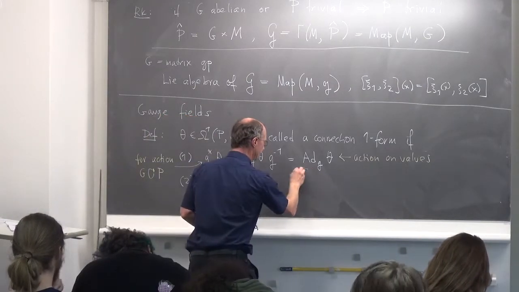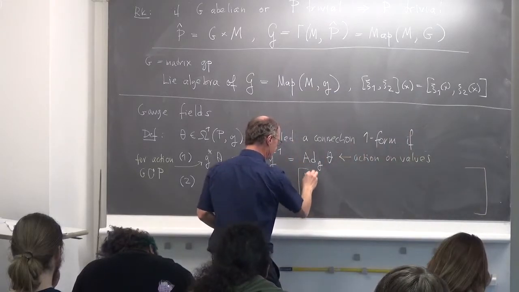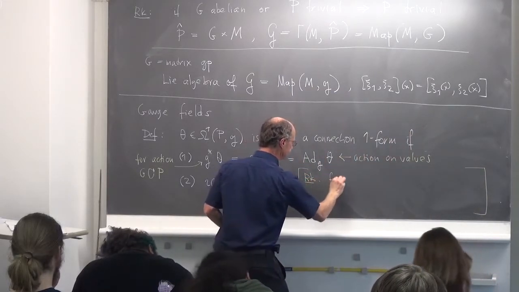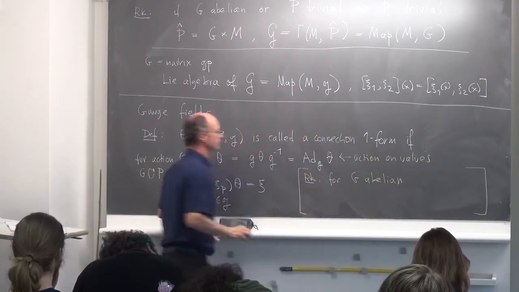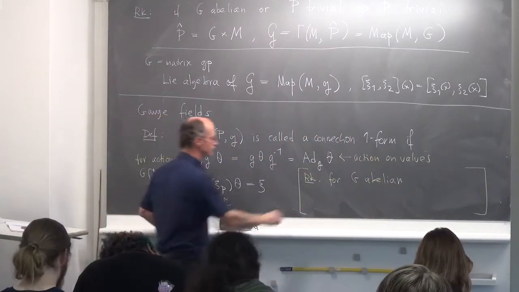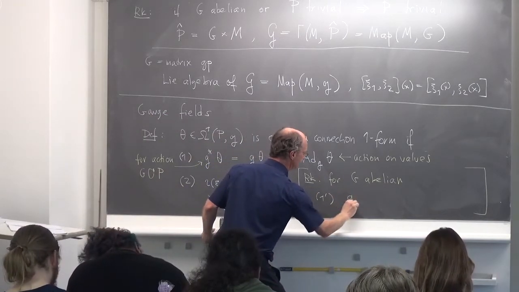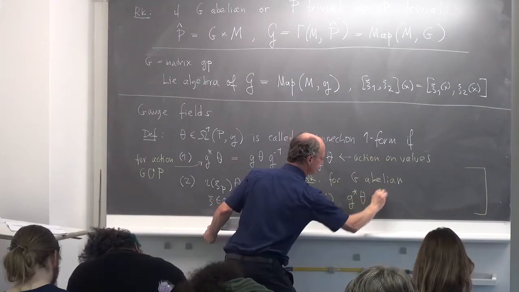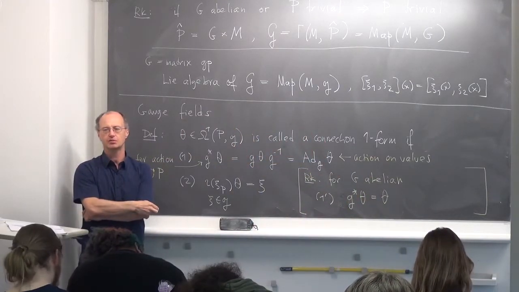So perhaps one small remark. For G abelian, the first condition becomes easier because it simply says that the connection one form is invariant.